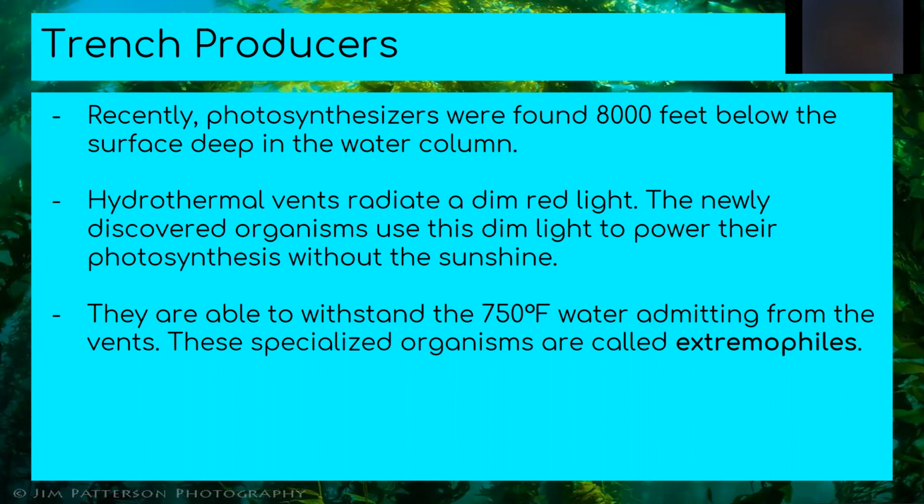And because it is so hot, it's going to radiate a very dim red light. These organisms are actually going to use that dim red light to power that photosynthesis. So it's going to act as a sun for them, even though it's a very, very low amount of light down there. It's not going to be like a flashlight that'll allow us to see that deep down, but it's just enough that they are able to provide themselves with the nutrients that they need.